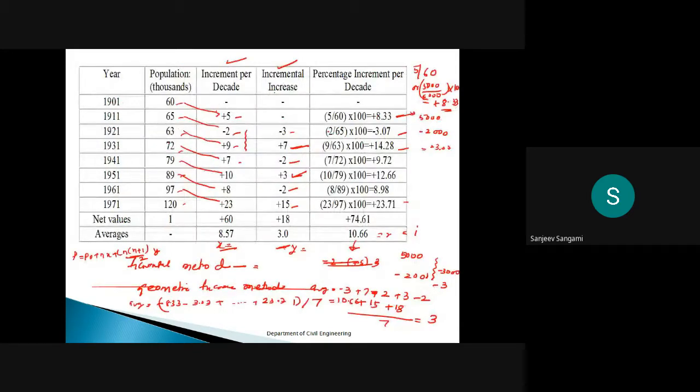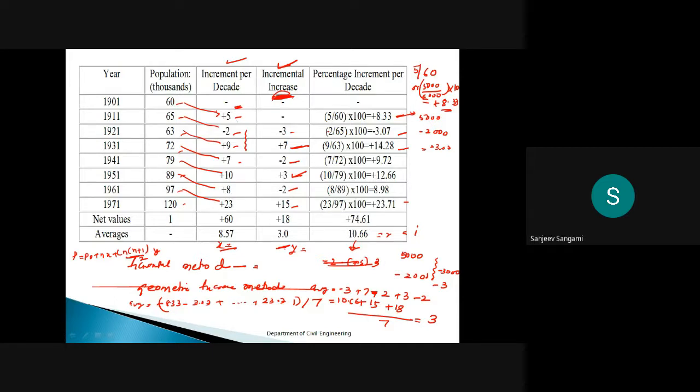So be careful when you are calculating this column, especially for the incremental increase method. Why? Because it is very important whether it is decreasing or increasing; most of the time you will go with negative and positive. So remember that whenever you are using this column, you have to use only this column, not the other column.